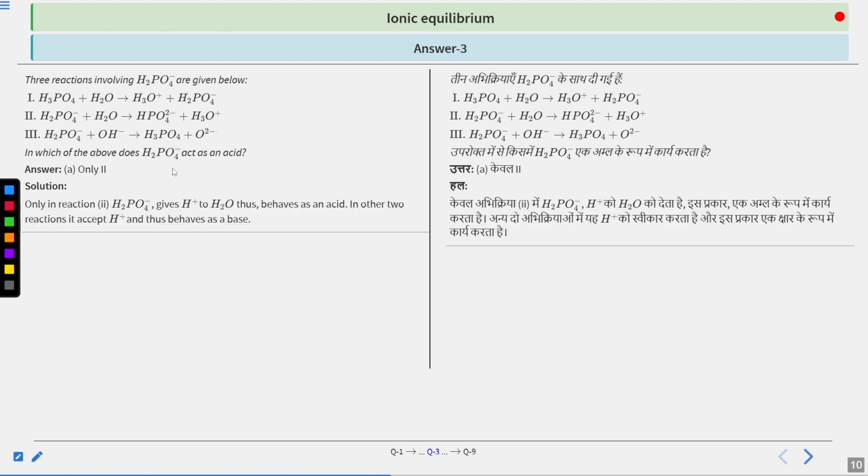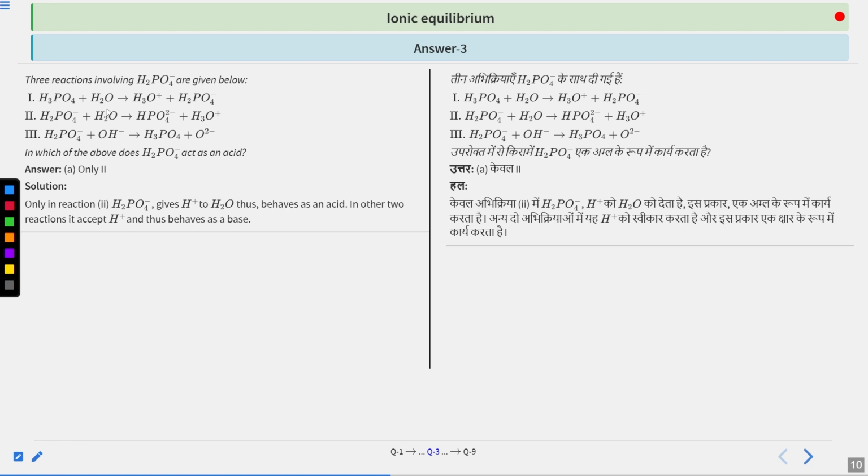In reaction 2 only, H2PO4 minus is acting as an acid, because in the second reaction you can see very clearly that your H2PO4 minus is donating one H plus and getting converted to HPO4 2 minus.